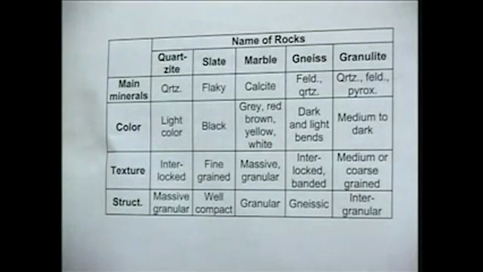Now metamorphic rocks, as we have seen from our earlier lesson, could form from metamorphism because of pressure increase or because of temperature driven processes, from both igneous rocks as well as sedimentary rocks, and we are going to look at some of those rocks.